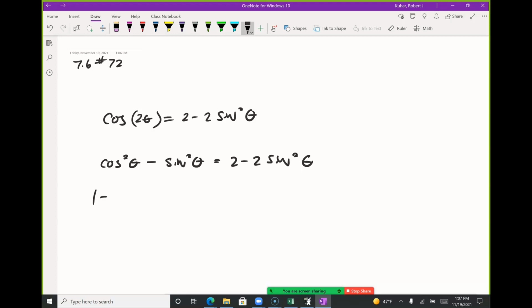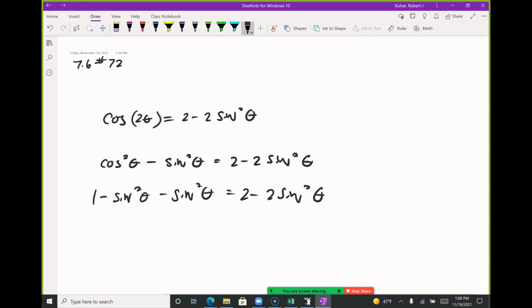I know cos squared is 1 minus sine squared, and I'm trying to solve this for sine now. So I'm going to put everything together.